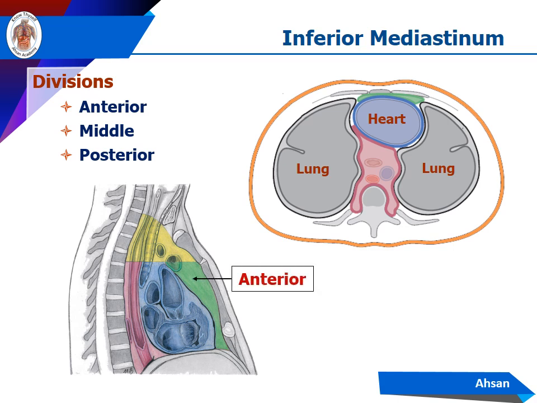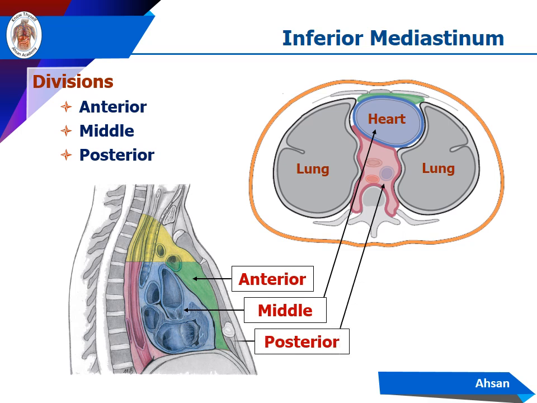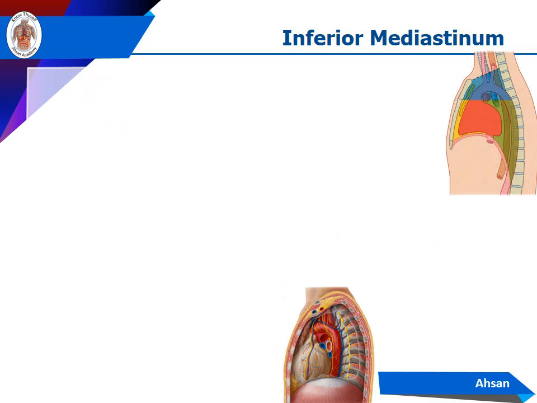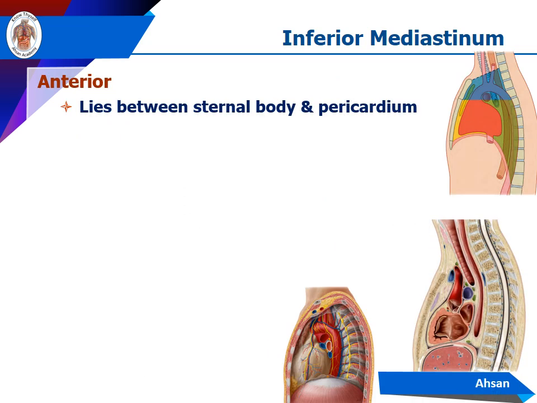This is the anterior mediastinum shown by green stain. This is the middle mediastinum shown by bluish stain, and this is the posterior mediastinum shown by red stain. The anterior mediastinum lies between the sternal body and the anterior part of the pericardium.